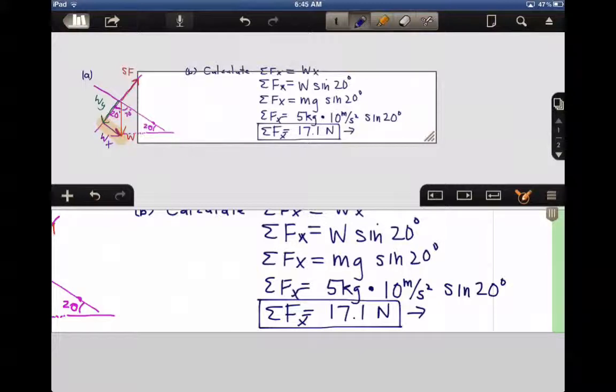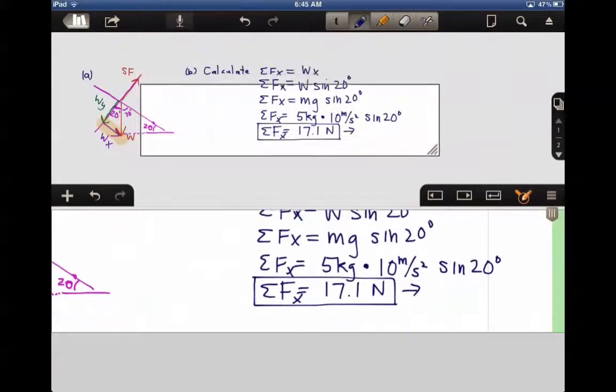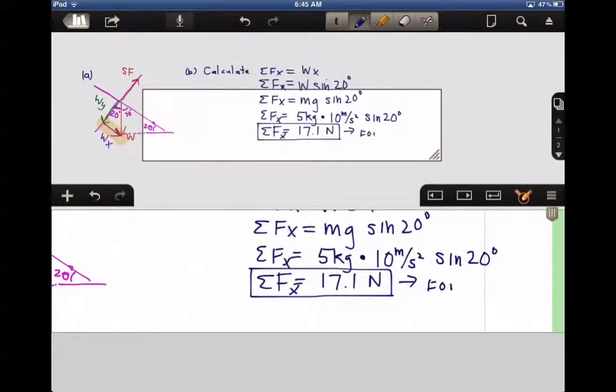So this is the force that pulls the rock down the incline.